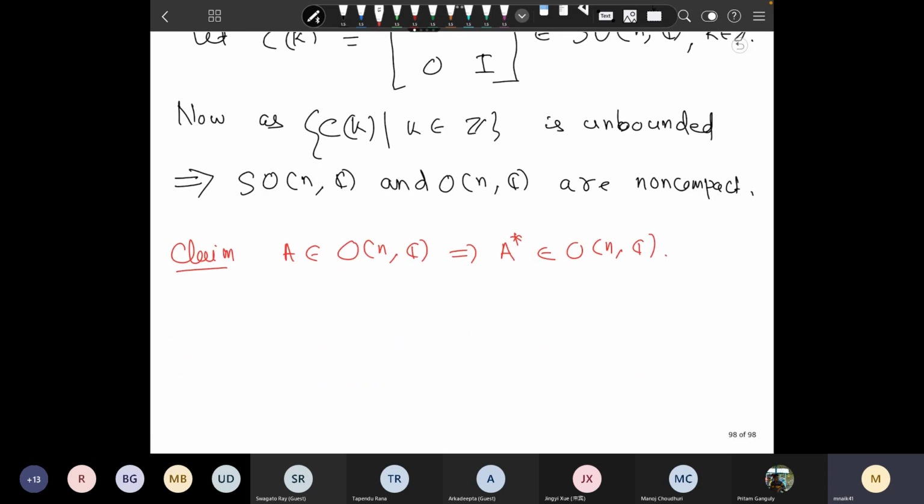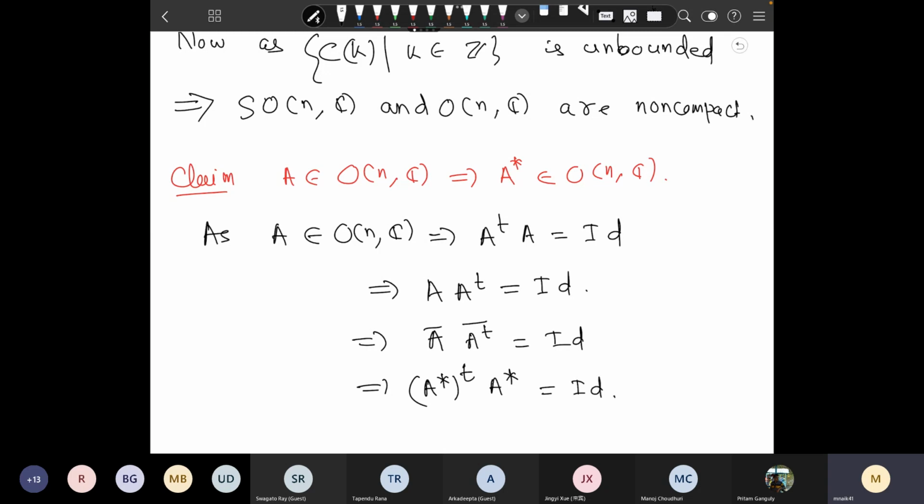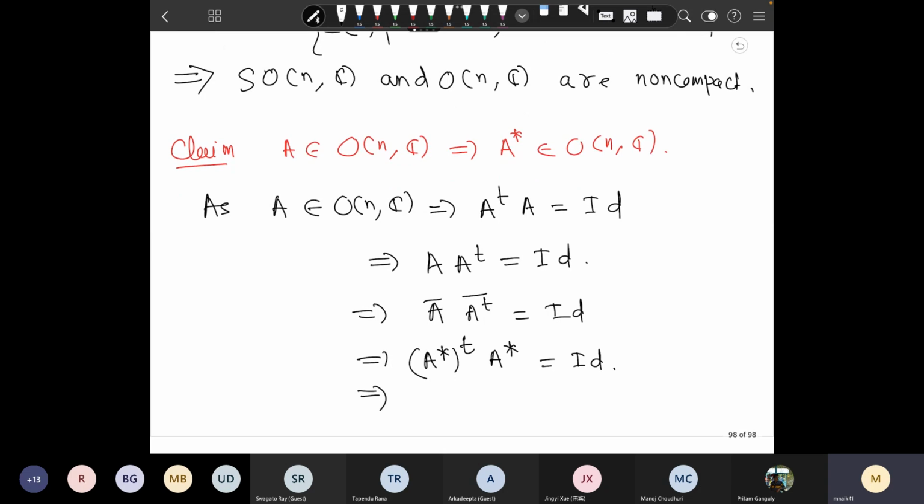As A belongs to O(n, C), that implies A transpose A is equal to identity, so this will imply A A transpose is equal to identity. I will take bar on both sides. So A bar, A transpose bar is equal to identity. Now A bar is nothing but, you can check, A star transpose, and this is A star. This is equal to identity. So this implies A star belongs to O(n, C).